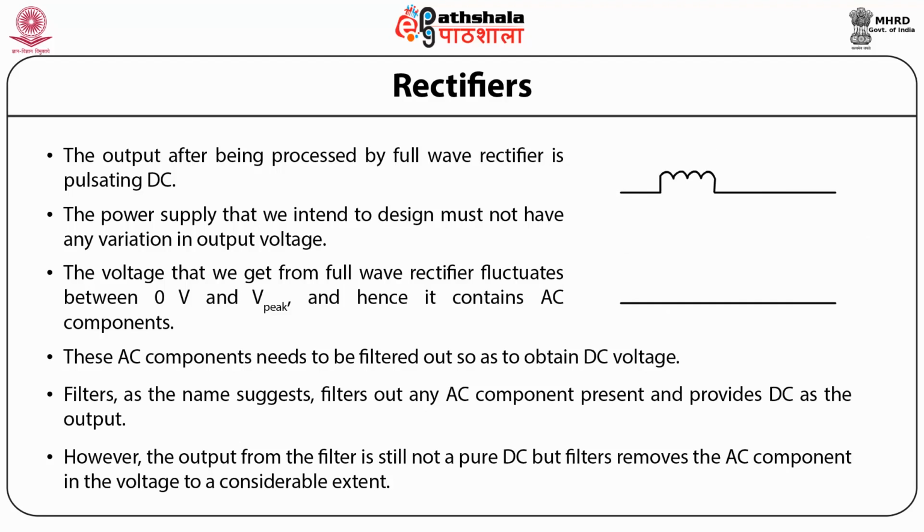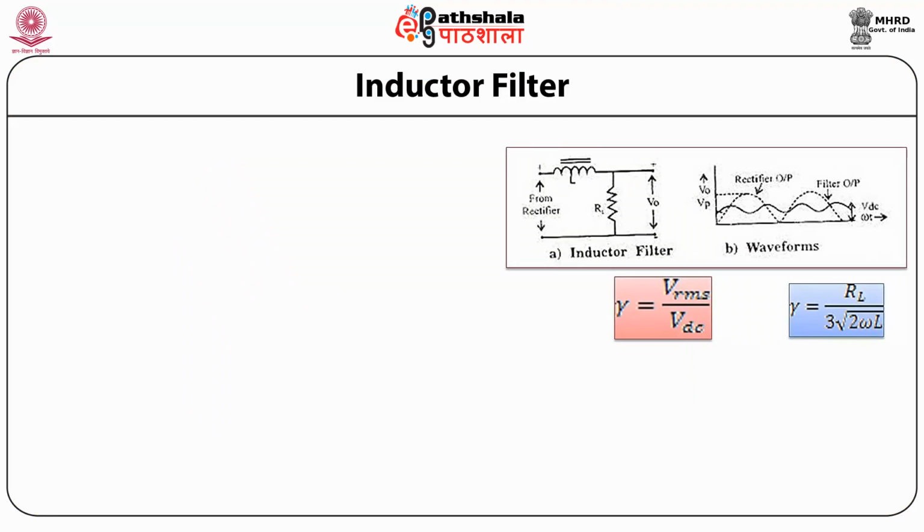This increases the average DC value of the output voltage. Let us discuss the basic types of filters. A filter is in general a combination of passive circuit elements, that is inductor, capacitor, and resistor. Some of the filters are inductor filter, capacitor filter, LC filter, and pi filter. Inductor filter.